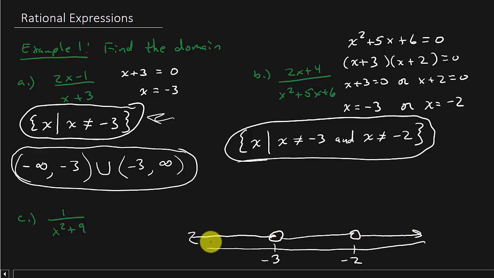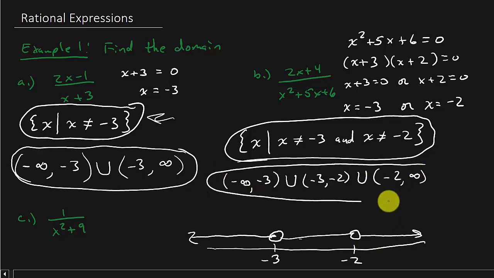This number line you don't have to draw; I just draw it because I think it makes it easier to write in interval notation. I've just got to write down this interval, and this interval. So that's going to be negative infinity to negative 3, union negative 3 to negative 2, union negative 2 to infinity. And this is your answer.